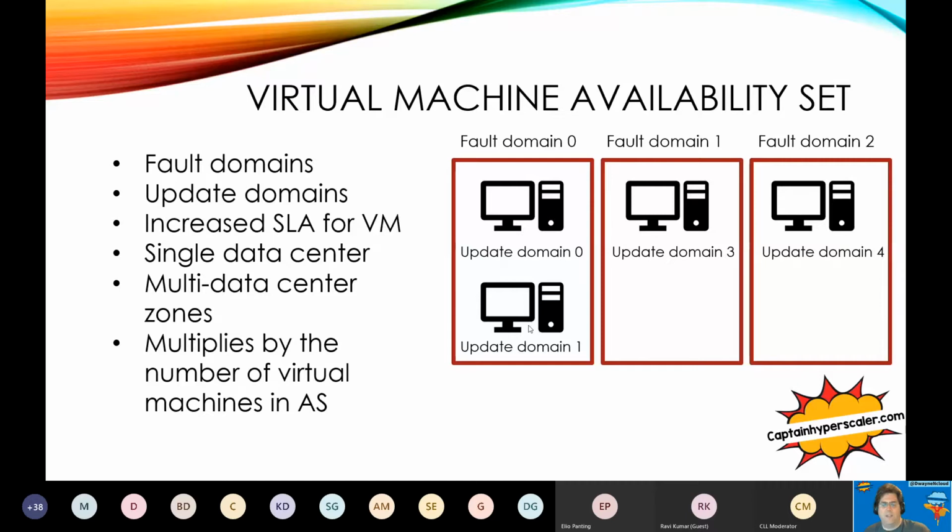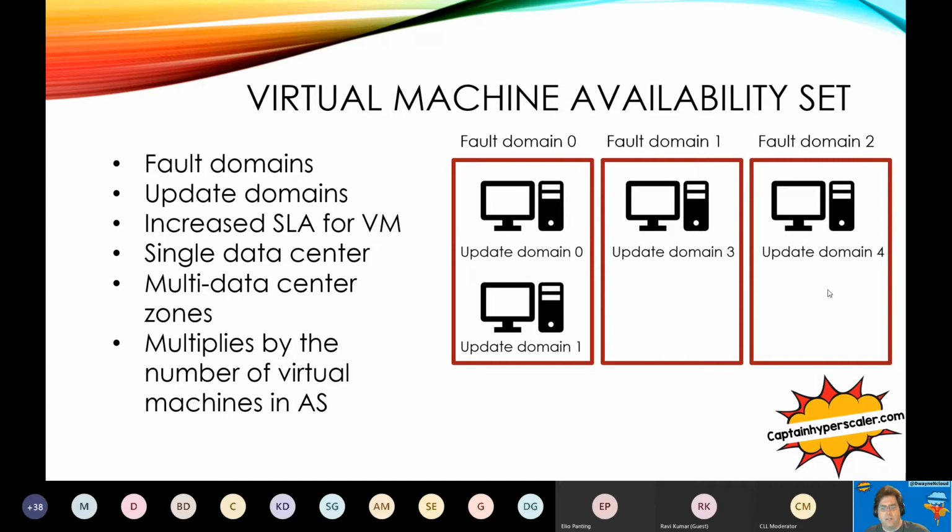Update domain is very similar, but that's to cover you on unscheduled maintenance on the hypervisor. The host needs to be updated, so you don't want all your virtual machines running on one host. This guarantees that they're spread across multiple hosts.